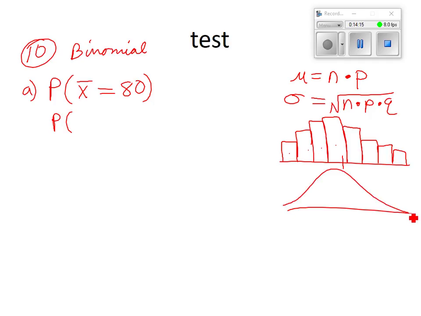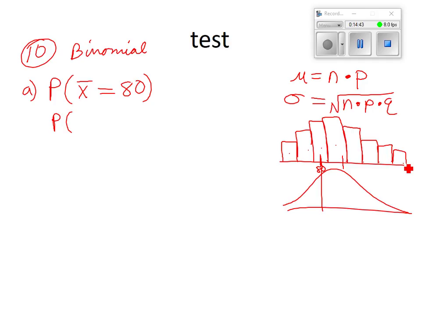if we were looking at 80, let's say 80 is right in the middle of that bar, well, that doesn't sit well on this normal curve, because these are whole numbers as a binomial. If we're doing a yes or no question, we're not going to get half a person that says, I'm half yes, half no. Doesn't work that way.